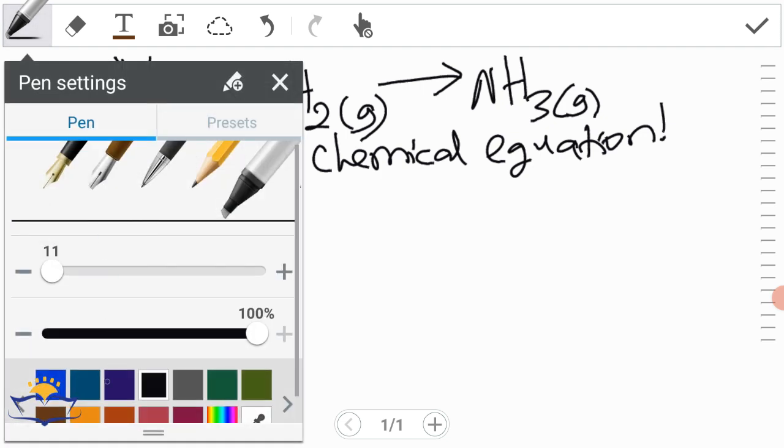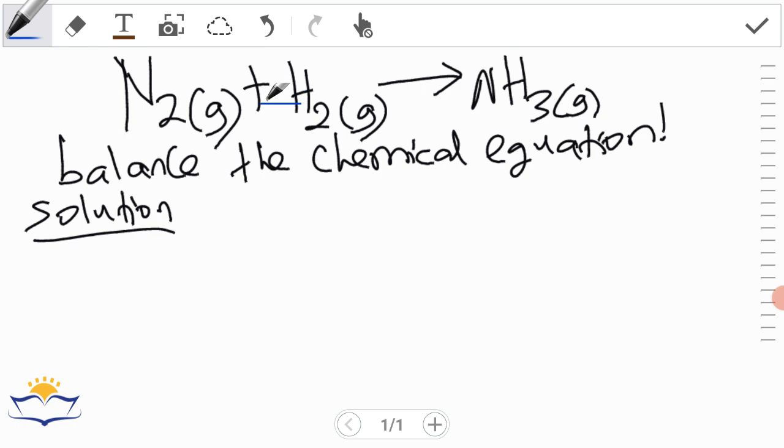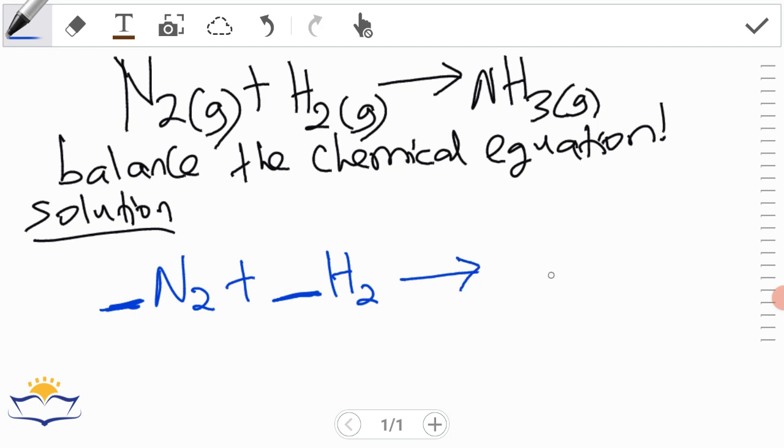So what you understand is kuti mu chemical equation ngati iyi, nitrogen ali ndi coefficient kumbuyo kwakeko uku, right? In the same way, hydrogen aliso ndi coefficient kumbuyo kwakeko. Chimodzimodzinso ammonia aliso ndi coefficient kumbuyo kwakeko.